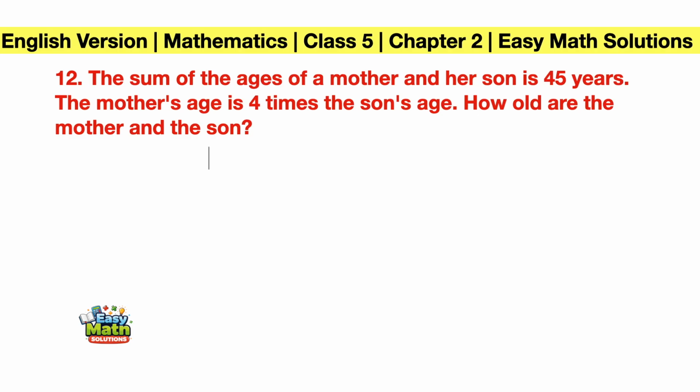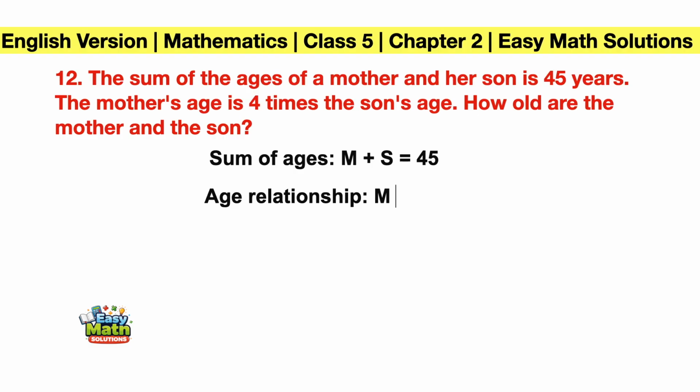The sum of ages, m and s, equal to 45. That means mother plus son is equal to 45. And the relation: mother is 4 times the son. That means m equal to 4 into s.